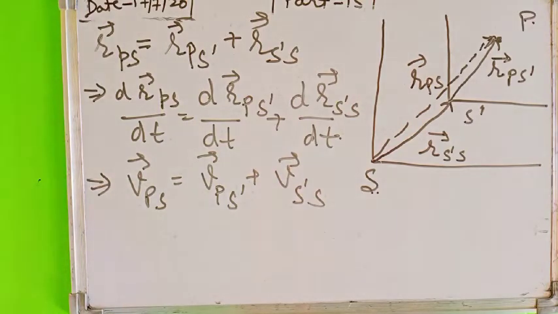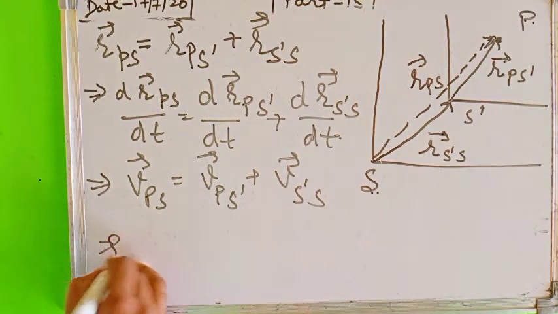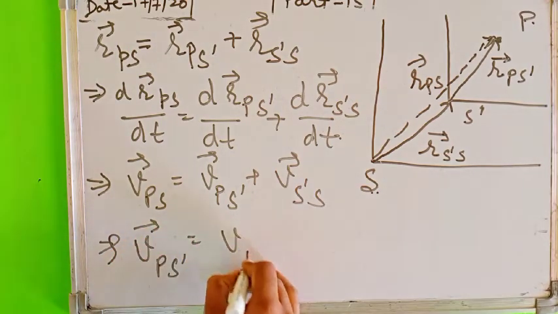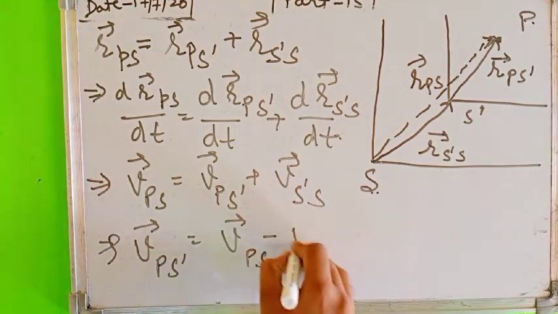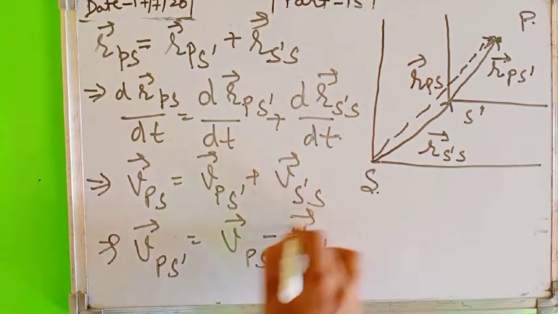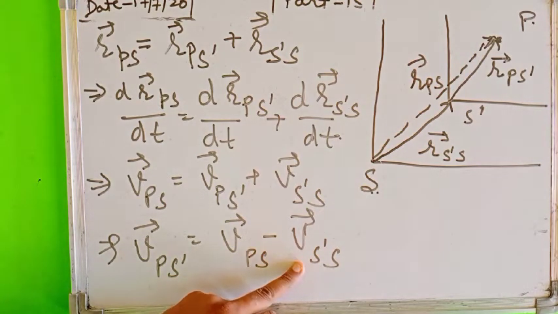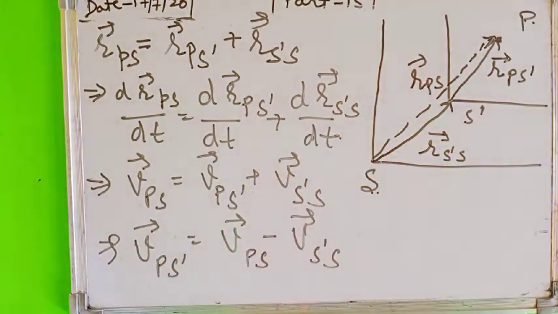So velocity of particle P with respect to frame S dash is equal to velocity of particle P with respect to frame S minus velocity of frame S dash with respect to S.